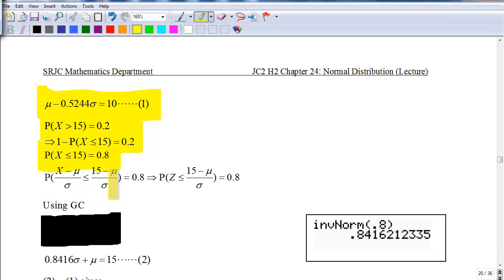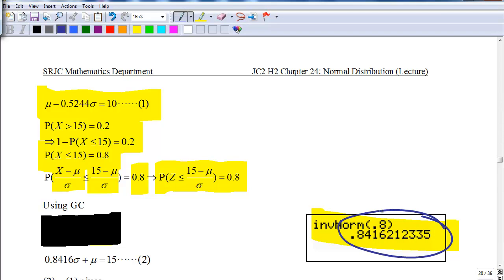Then I will standardize: I will minus mu divided by sigma on both sides, and while I'm doing this, I must remember 0.8 is on the outside, so nothing happens to 0.8. Then I will apply my inverse norm, using 0.8 as the number to key into my GC, and I will get the number 0.8416.